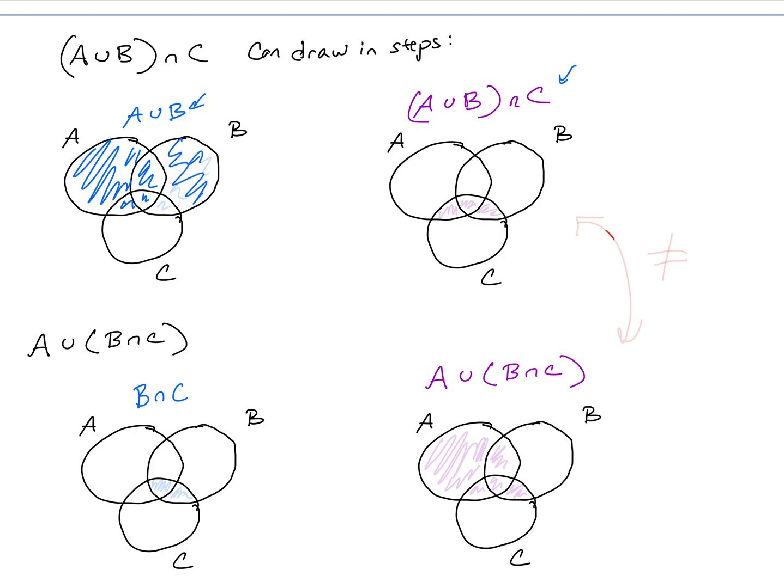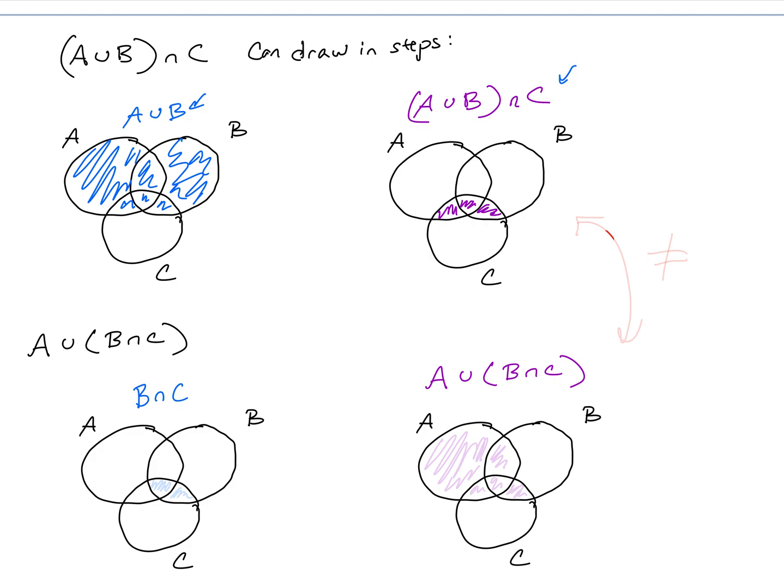So all of these regions are places where the elements would be in A or in B. Then if we want to intersect that region with C, that would only be this region right here. So that's A union B, then intersected with C. Just like if you're evaluating algebraic expressions, if you see parentheses, you want to do the thing in parentheses first.